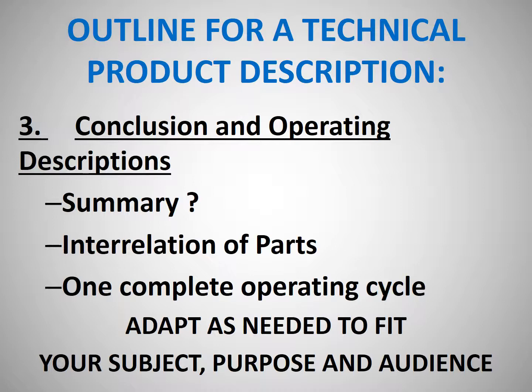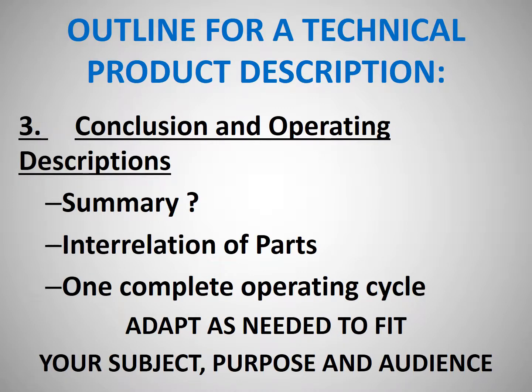So I'm thinking, for instance, in your book, one of the things they use as a model of a description is a solar collector. All right, something that collects solar energy and turns it into electricity. Well, if you go through that and you describe overall what it is, and then you describe all of its parts, then what you want to do is say, okay, now that you know how the thing is put together, here's how it operates.